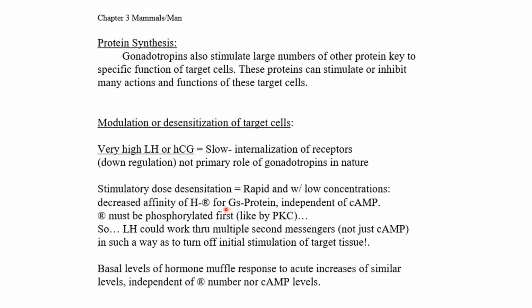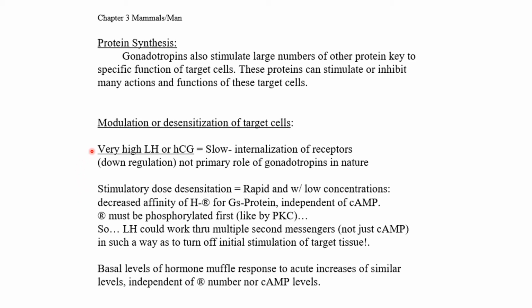Okay? And then you got basal levels. So you got very high doses, which are experimental in nature. You get stimulatory doses, which are natural in nature. Okay? So like during an LH surge, those target cells will become desensitized pretty quickly over time, because desensitization also occurs at stimulatory doses.